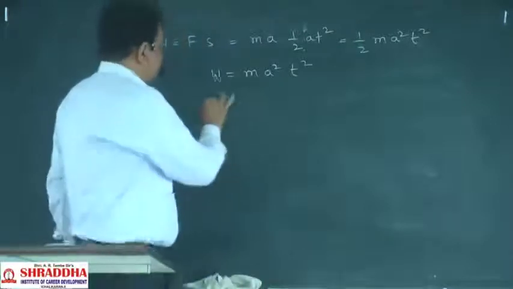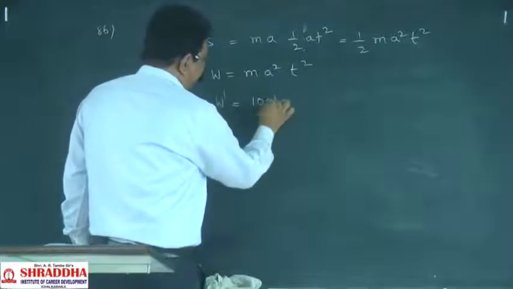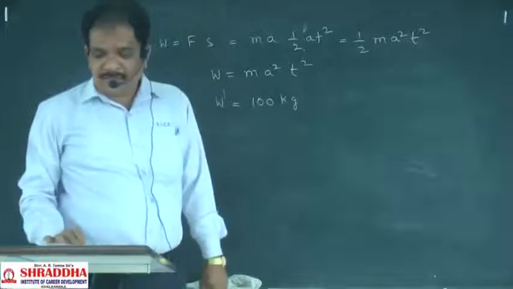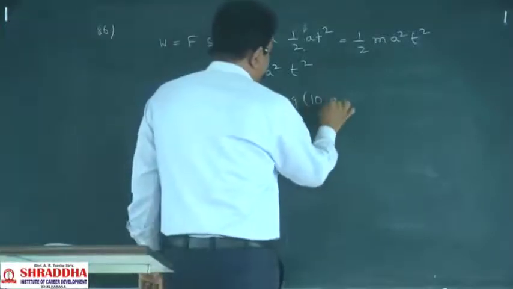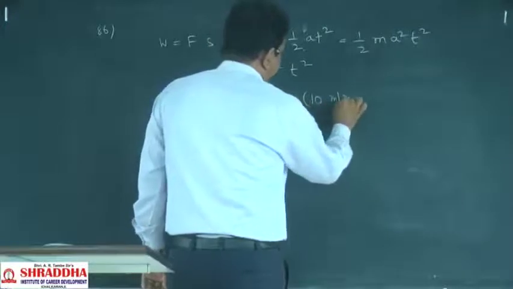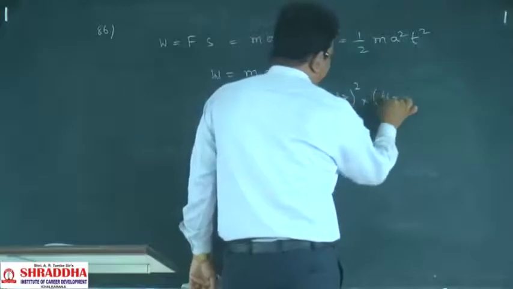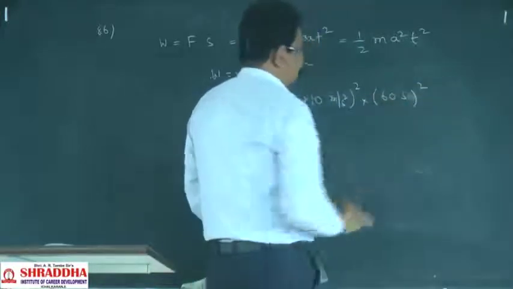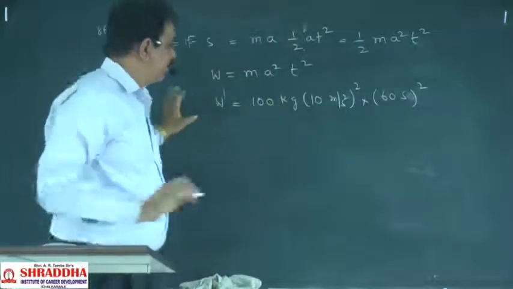So here W dash, this value 100 kg. A value will be how much? 10 meter per second square whole square. Time value 60 second whole square. Clear?